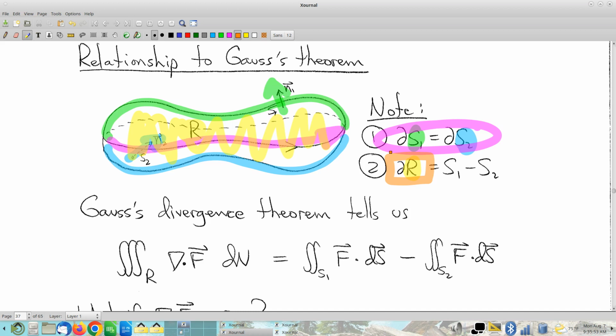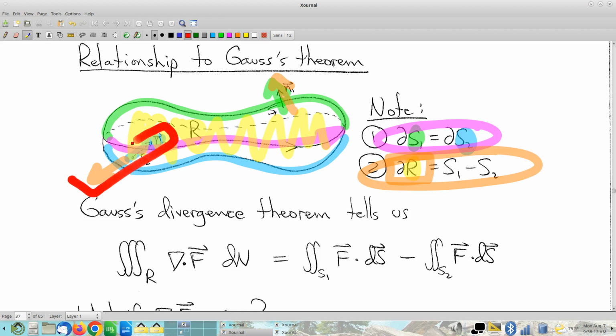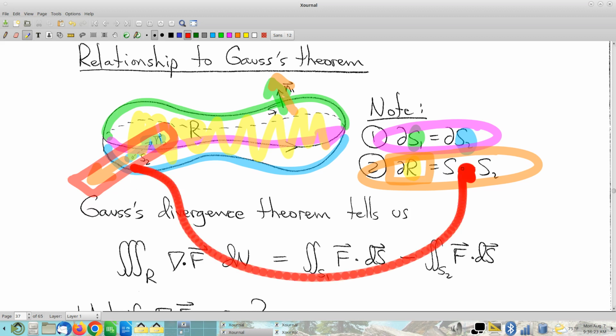And boundary, as we're looking here, boundary of R, oriented away from the solid, which means in the same direction that S1 points, but opposite of the orientation that S2 points. And so that boundary is S1 minus S2. And this issue right here, the fact that the orientations are opposite on S2, is why we have that minus sign right there. Okay, so hope everybody remembers this from last time.